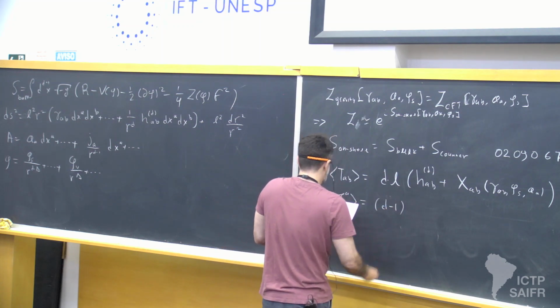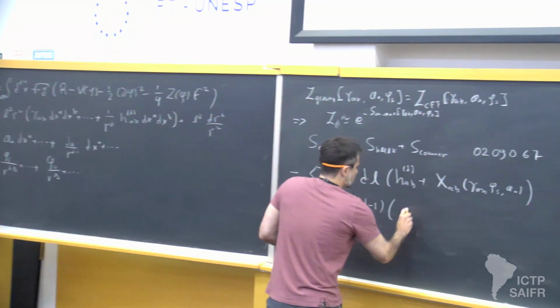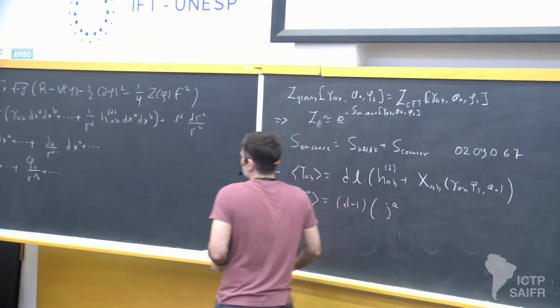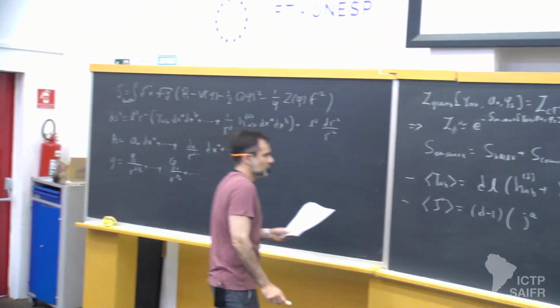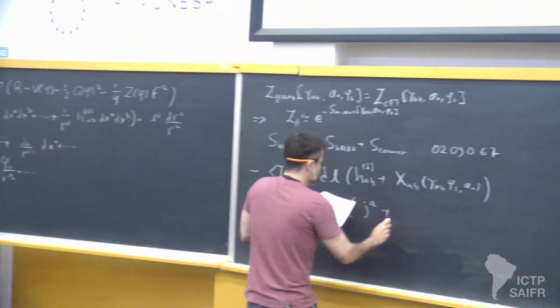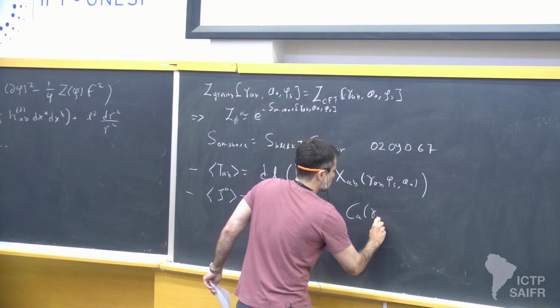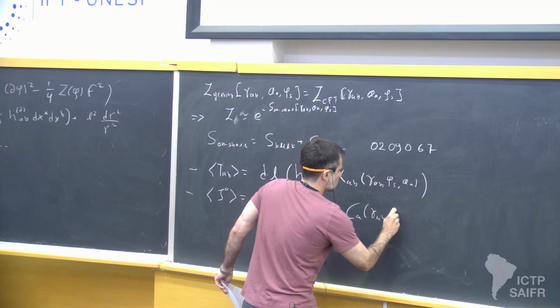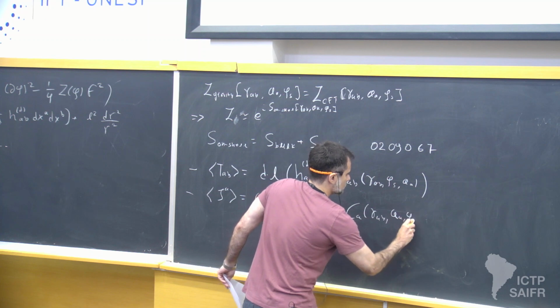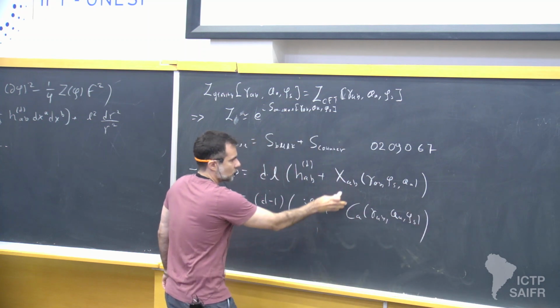Okay? Now, for the dual current operator, I can write down something very similar. You would have a factor of d minus 1. I would need this constant of integration J_A, plus, again, potentially contact terms in the sources. Okay, so these are all local terms.